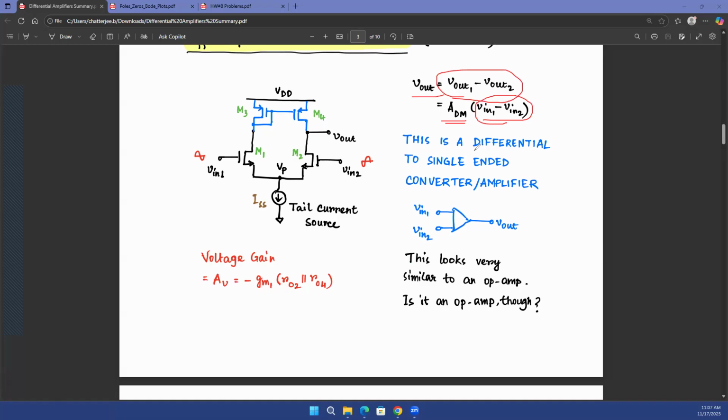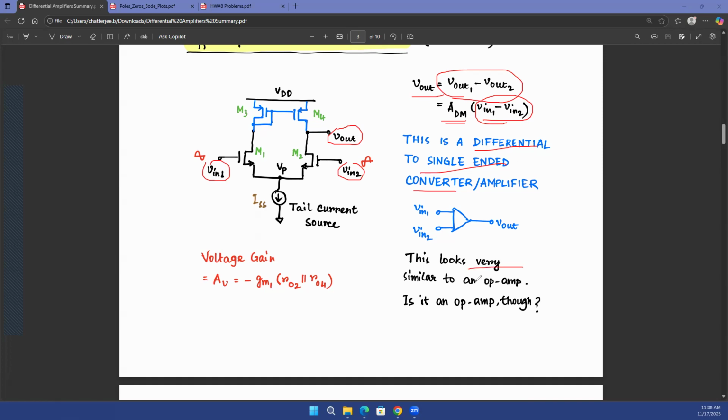So this is also called a differential to single-ended converter or amplifier, because you have two inputs, V1 and V2, but only one output. And that one output actually takes care of the subtraction of the two original outputs of the op-amp.